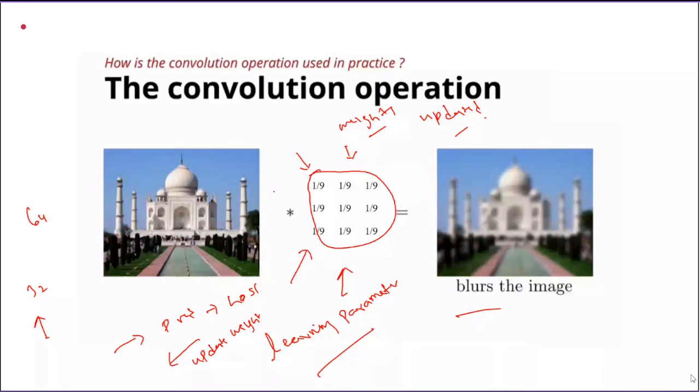Finally you will come to one stage where you get only one pixel, or a few pixel values, and with the help of these few pixel values, this will be given as an input to the artificial neural network, which is used for prediction.